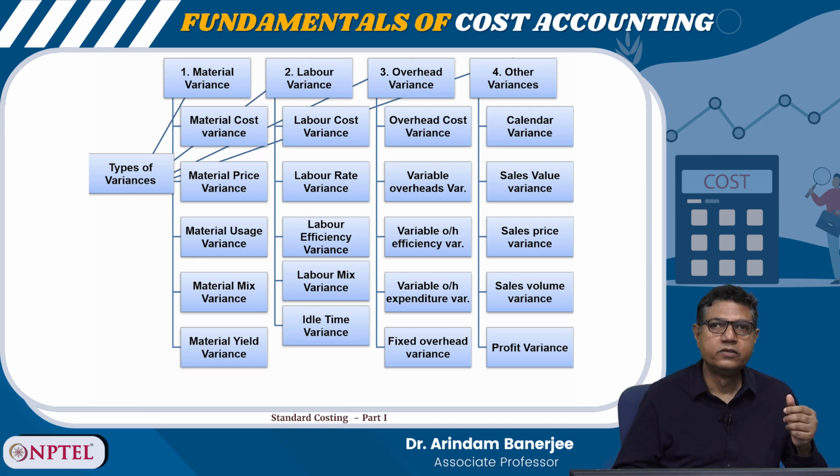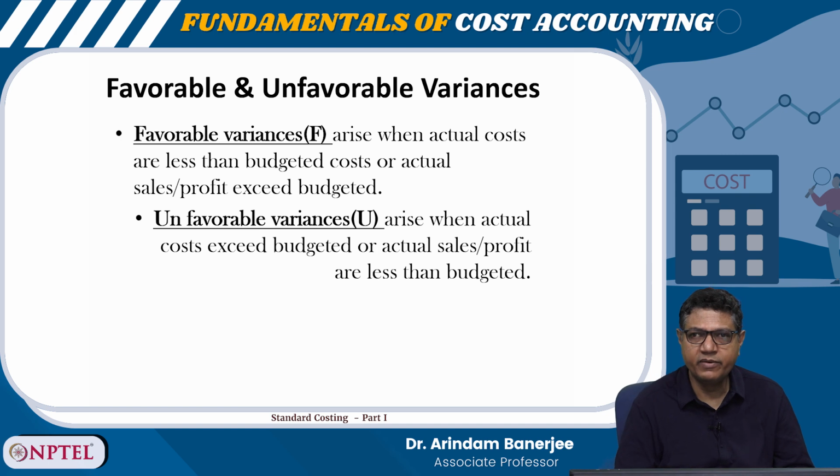Okay. So favorable and unfavorable variance, as I said earlier: the favorable variance we denote as capital F. It arises when actual costs are less than the budgeted cost, or actual sales or profit exceed budgeted. And the opposite is unfavorable. It arises when actual cost exceeds budgeted, or actual sales and profit are less than budgeted.